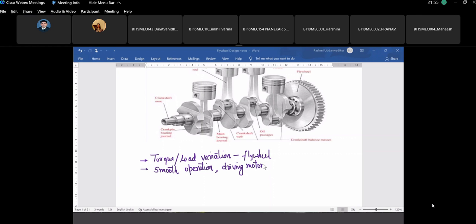The driving motor that we are using could be a small capacity driving motor with a lower power rating. And why this? I'm coming to it. The normal torque requirement is low, only at the peak hours the torque required is very high, and we don't have to use a motor which is supplying the maximum required power or torque.